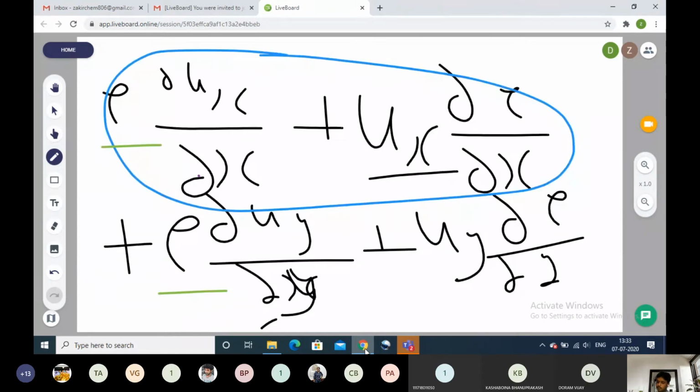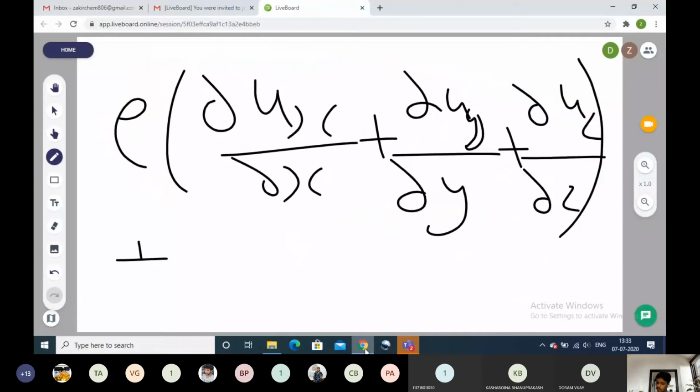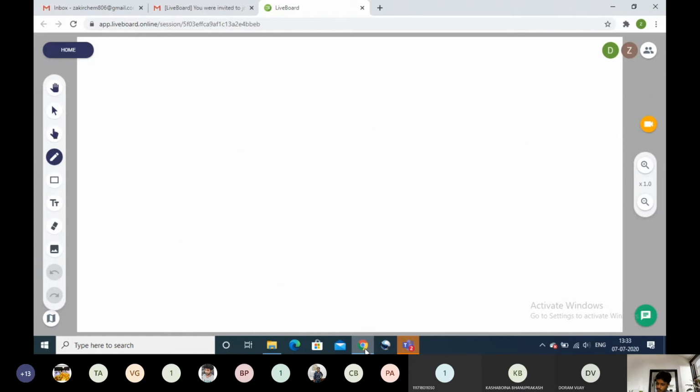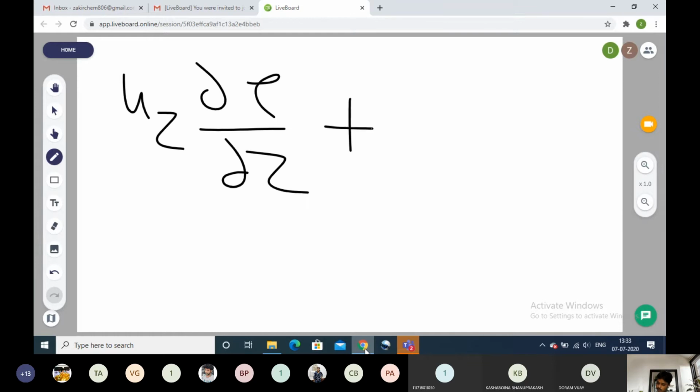Here we have to substitute: ux dou rho by dou x plus uy dou rho by dou y plus uz dou rho by dou z, and one more left out term, dou rho by dou t, which is equal to 0.